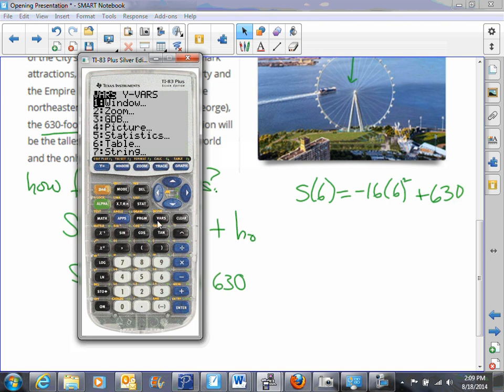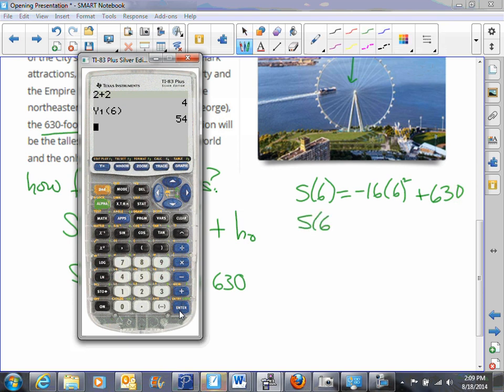Now we can go to vars, over to y vars, function y1, and then put a 6 in, and it tells us 54 feet. So S of 6 is 54. It's 54 feet above the ground at that particular point.